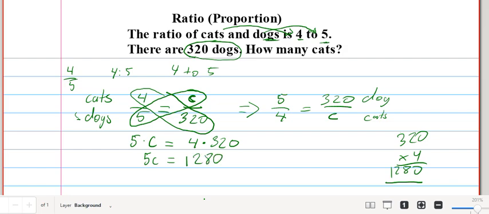Okay, so we need this to look like C equals something, right? Because at the end of the day, our C tells us how many cats. This is C. How many cats? We need to figure it out, right? So this needs to say C equals something. Whenever you have something that is unknown like C, or sometimes it's X, anything you decide to choose, it needs to end up like this, X equals something.